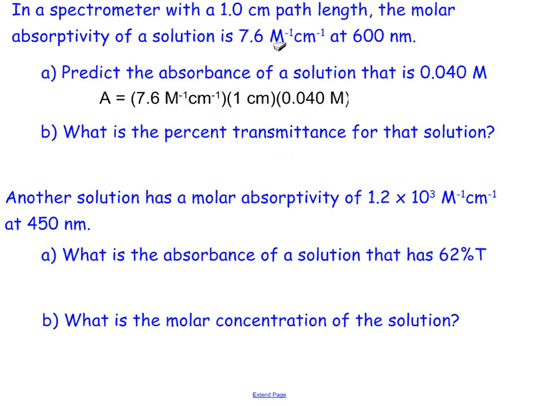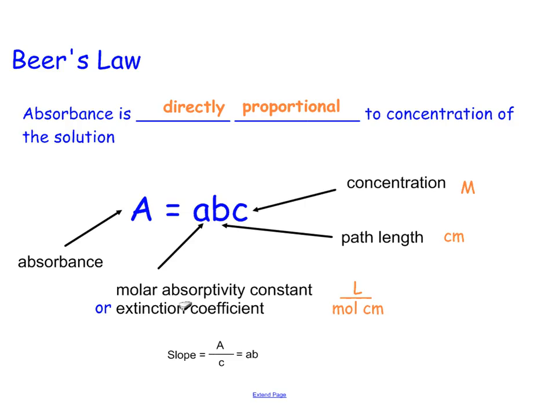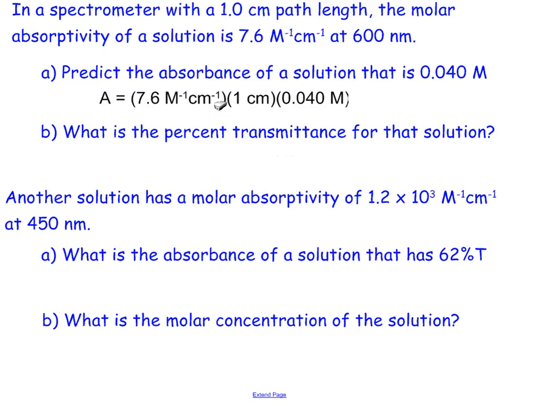Note that molarity to the -1 power, centimeter to the -1 power, is the same as liters per mole centimeter. So all I have to do is plug these numbers into the calculator, and my absorbance should be about 0.30.